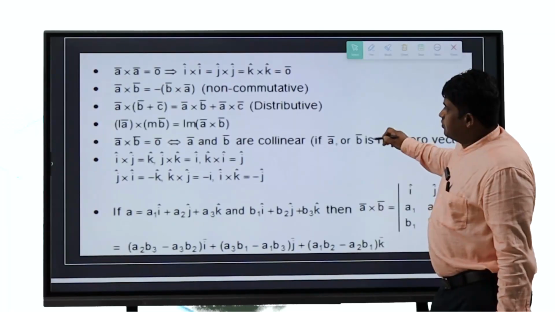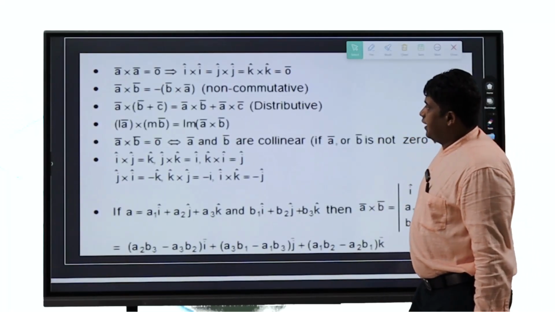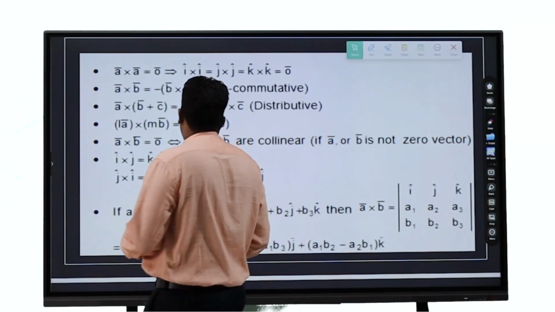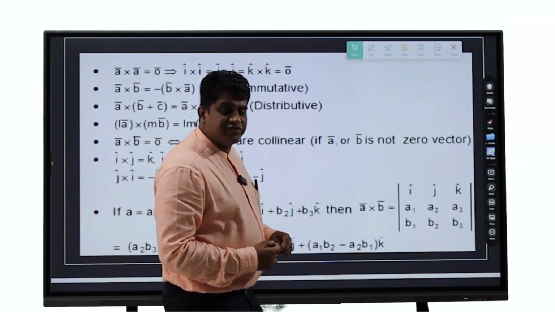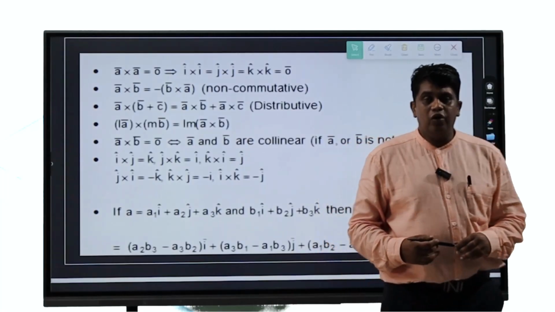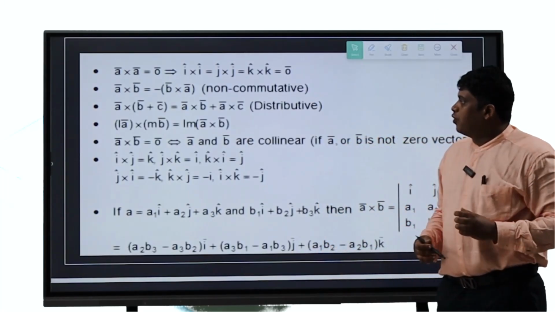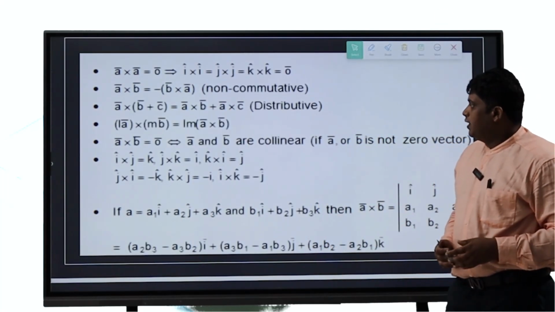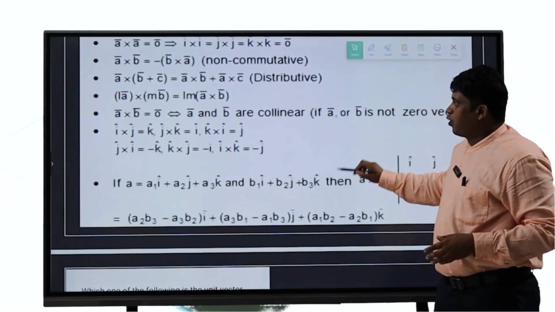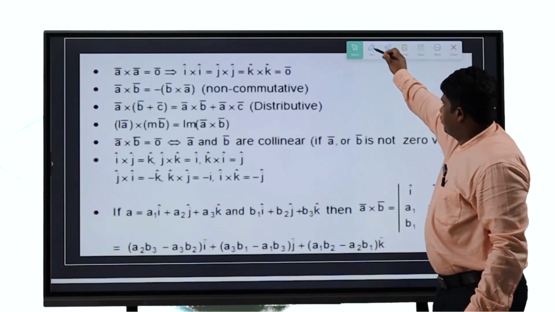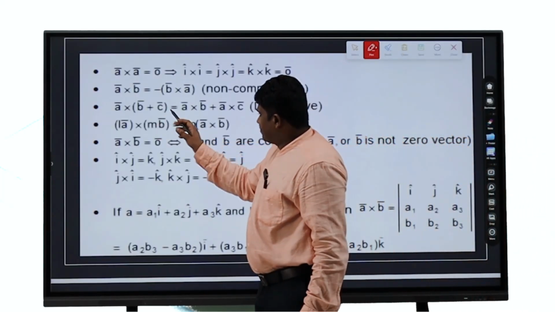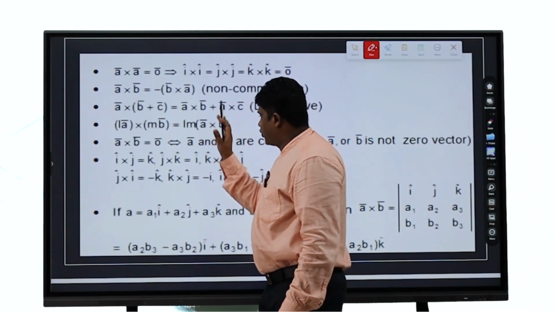Here are some properties. A cross a is equal to 0. Why? Because the angle between a and a is 0 and sine 0 is 0. A cross b is equal to minus b cross a. Cross product over addition is distributive. That is, a cross (b plus c) is equal to a cross b plus a cross c.